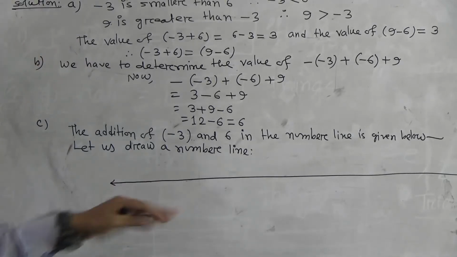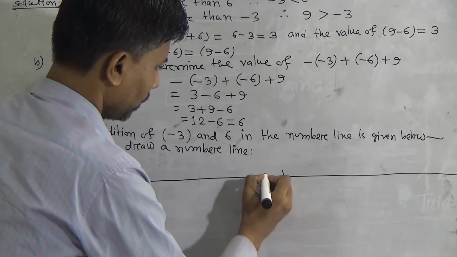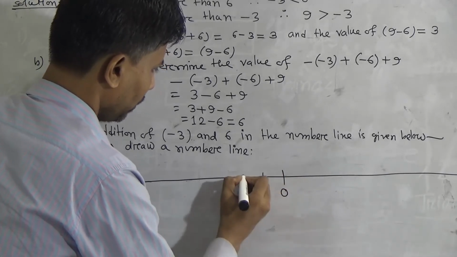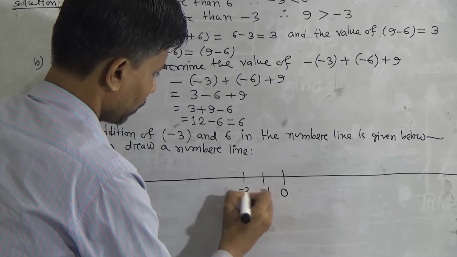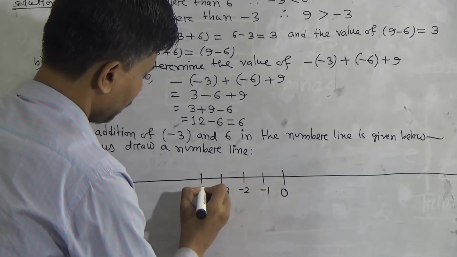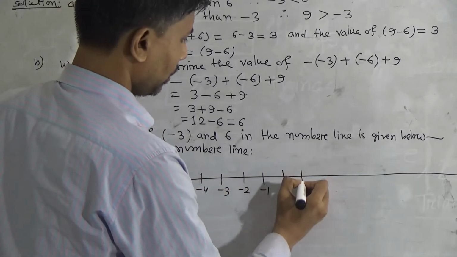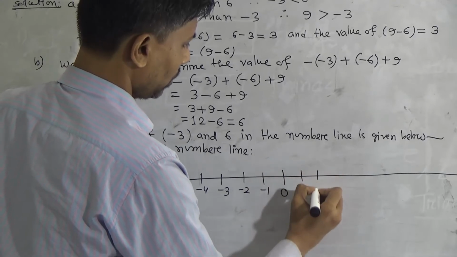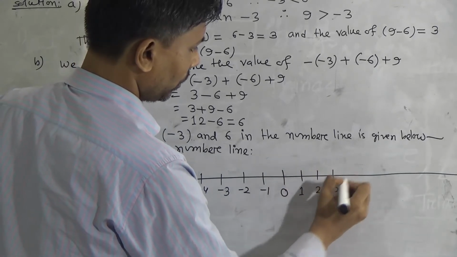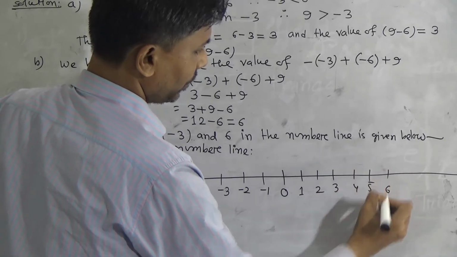Minus 3 and 6. Look, this is 0, this is minus 1, this is minus 2, this is minus 3, this is minus 4. Okay? And this is positive 1, 2, 3, 4, 5 and 6.